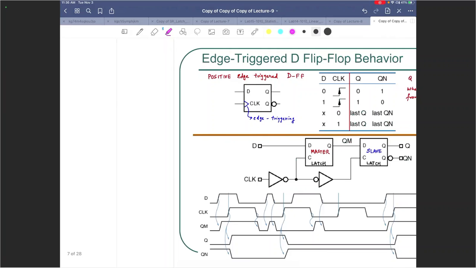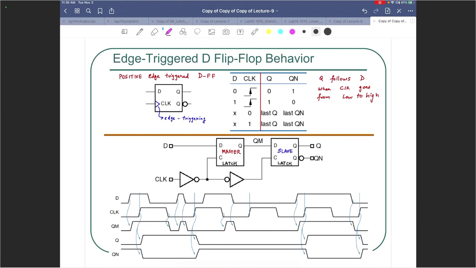Now, in order to go from a latch to a flip-flop, we need to connect the latches in a master-slave configuration, back to back.